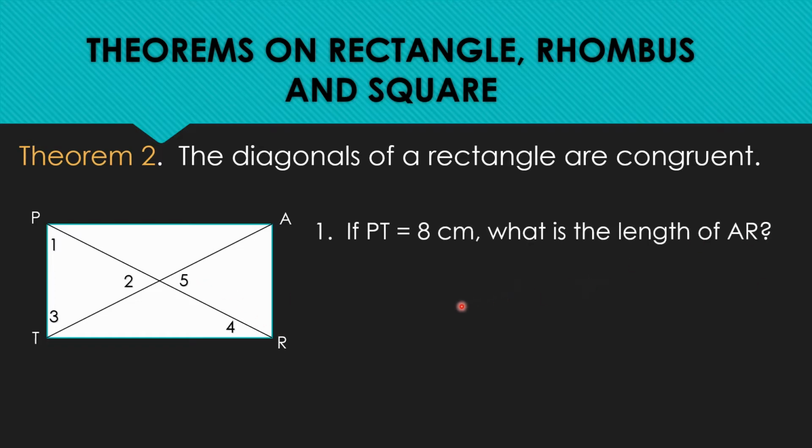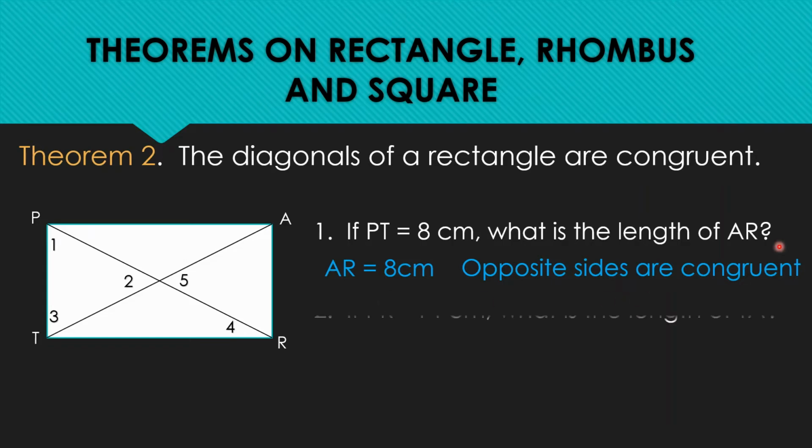Number 1: if PT is equal to 8 centimeters, what is the length of AR? The length of AR is also 8 centimeters. Why? Because opposite sides are congruent. So we have the reason.